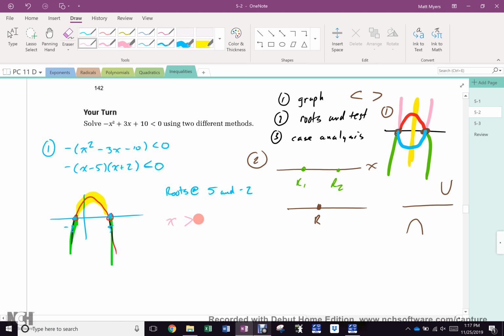Greater than negative 2? Okay. So Jacob wrote when negative 2 is greater than x. We don't like to write it that way, do we? We like to put our variables first. So that would be x is less than negative 2. And when else?